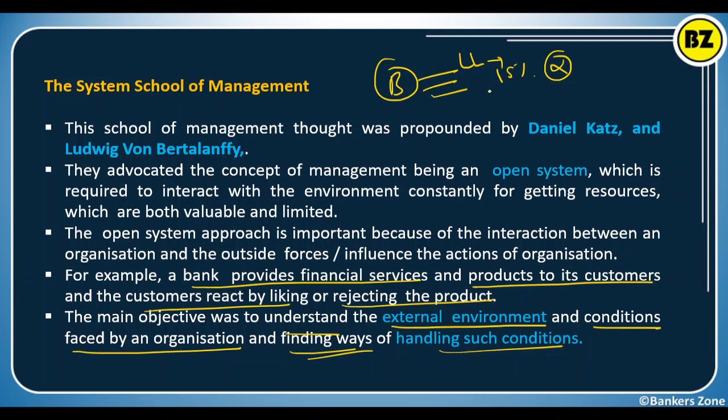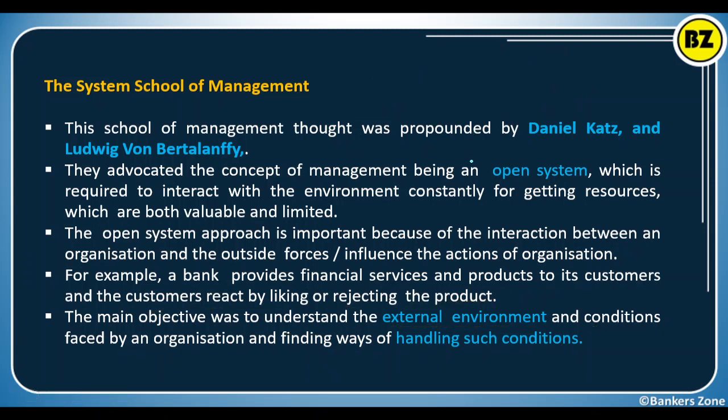You have to reduce the rate of interest to 10% or 7%, then only people will come and take a car loan from your bank. That means here you are interacting with the outer world. The keyword is open system, and you have to take care of external factors.